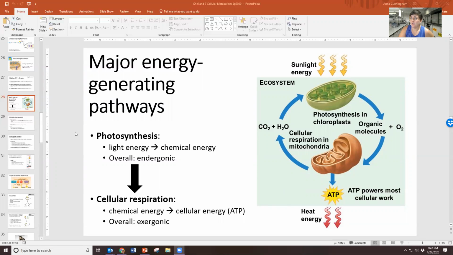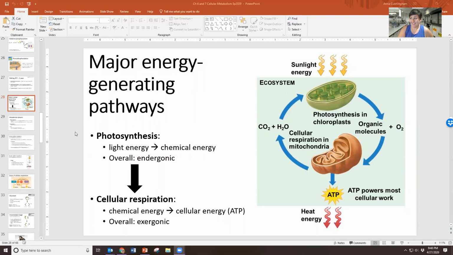And those electrons are utilized to form bonds between carbons to generate sugar. So it is overall an endergonic process because it's using energy from the sun to create very high power chemical bonds to create large molecules, organic molecules.